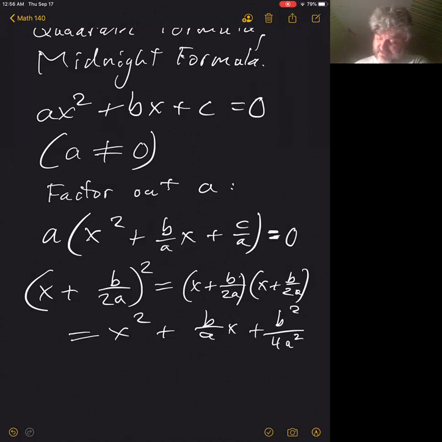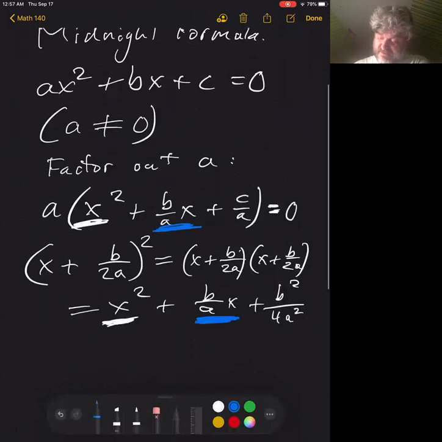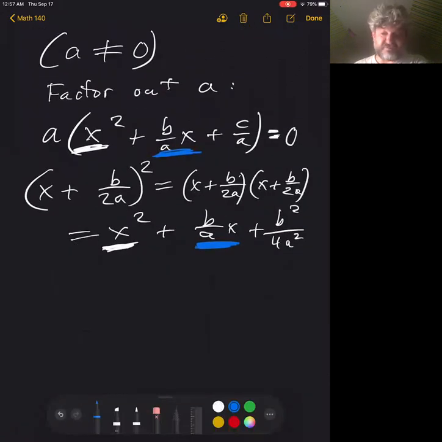So that complete square, that perfect square, matches the x squared. And it also matches the b over a times x. It only doesn't match the constant term. But we can fix the constant term.